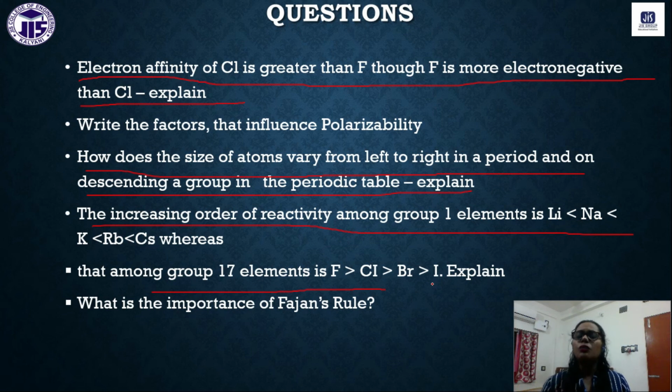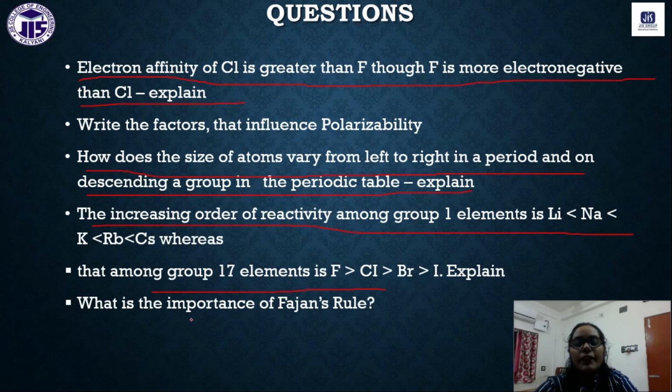Now for group 17 elements, they are electronegative atoms, that means they abstract electrons. Fluorine is more electronegative than chlorine, than bromine, than iodine. So that's why the reactivity order is like this. Reactivity means transfer or abstraction of the electron. So the element which can easily remove an electron, or the element which can easily accept an electron, is very reactive. Okay, so this is the answer.